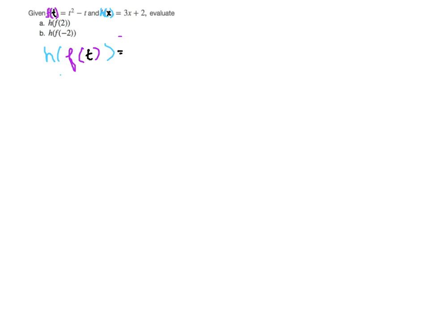Okay, so this says 3 times x plus 2, and I'm plugging in t squared minus t. Okay, so just simplifying this expression, 3t squared minus 3t plus 2. That is my composed function.